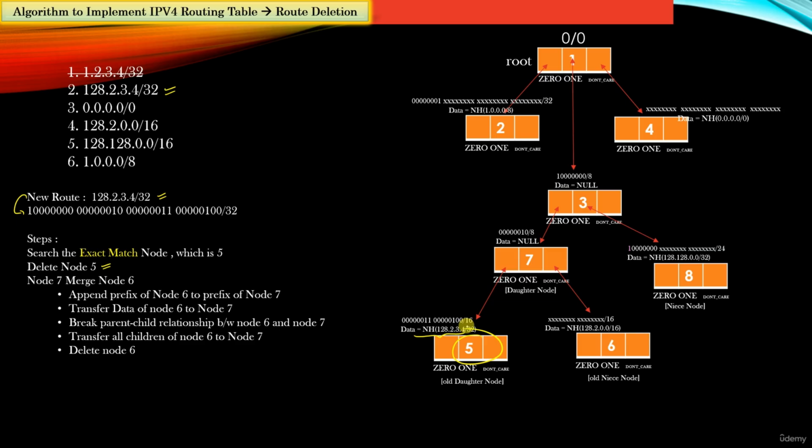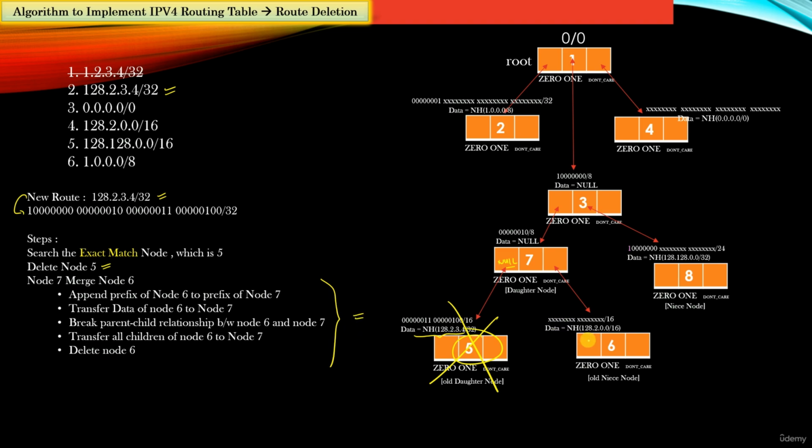So straight away delete node number 5, and adjust the pointer of the parent node to point to null because its child has been deleted. Now node number 7 has become a half node, therefore node number 7 will execute the merge algorithm. So again these steps will be executed.